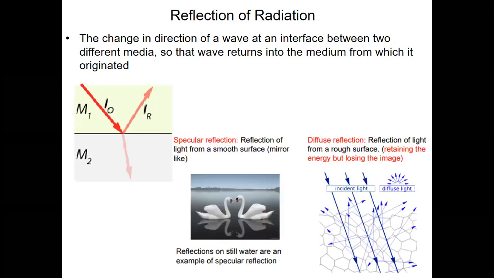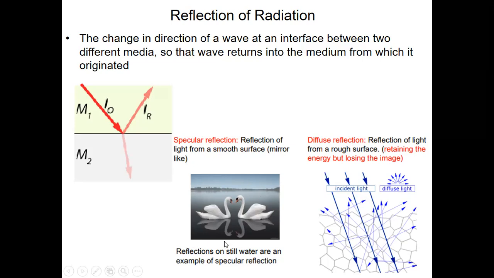There are two different types of reflection: specular reflection and diffuse reflection. Look at this picture. If there's a mirror-like thing, or a smooth surface like this, then we can see a mirror image because of the reflection.